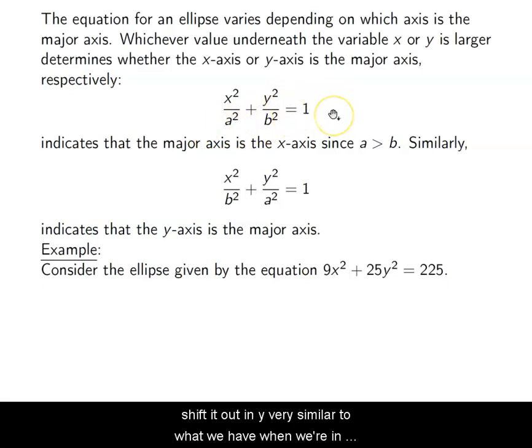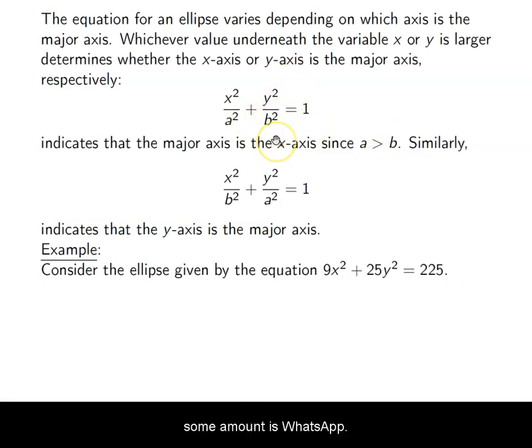Very similar to the unit circle when we have r cosine theta and r sine theta. As long as those two r's are the same, my unit circle turns into a circle of radius r. But what if those cosines and sines are multiplied by a different value? It turns then into an ellipse. So it's basically me stretching out the x by some amount and stretching out the y by some amount.